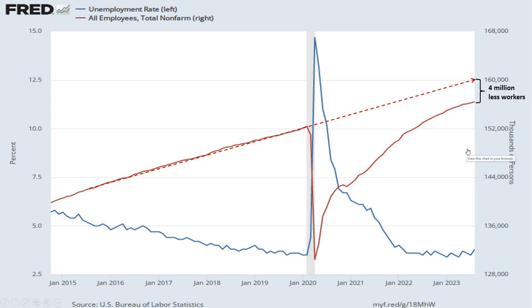As a consequence, in addition to this, although the unemployment rate has lowered, the gap between where we were before the pandemic in terms of employees and employment growth and where our employment status is now has still shown a split and a divergence between the two statistics. There's about 4 million fewer workers now working in the economy than what should have been.